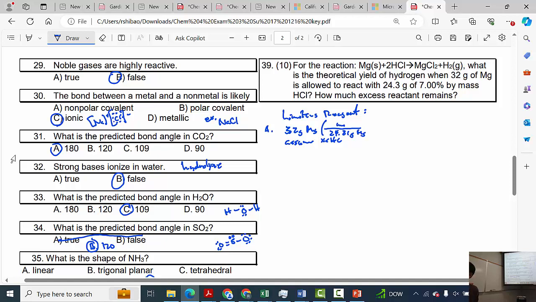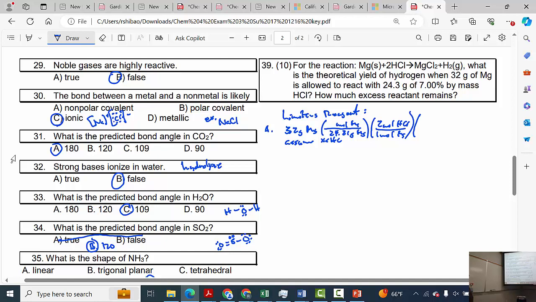So with 32 grams of magnesium, let's convert that to moles of magnesium. Magnesium is 24 point what? My vision isn't so great. So can somebody read that? 24.31 grams of magnesium per mole. Okay, and then we need the balanced equation, which I gave you up here. How many moles of HCl for every 1 mole of magnesium?